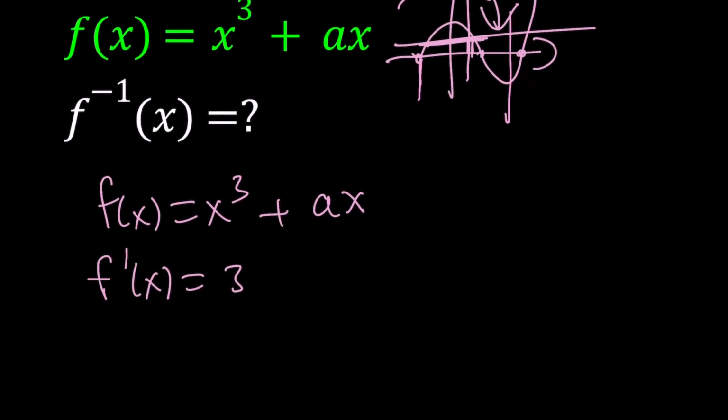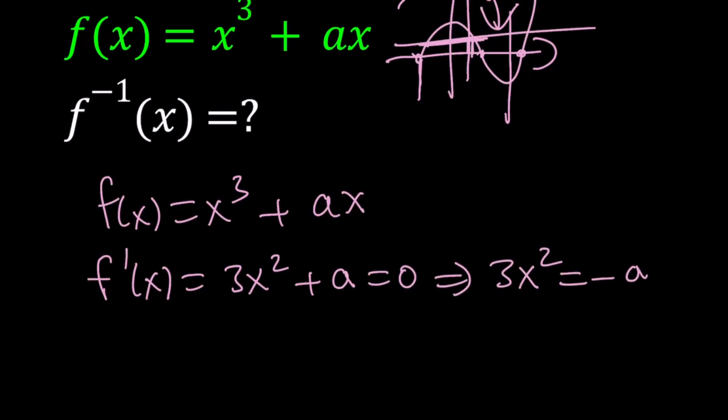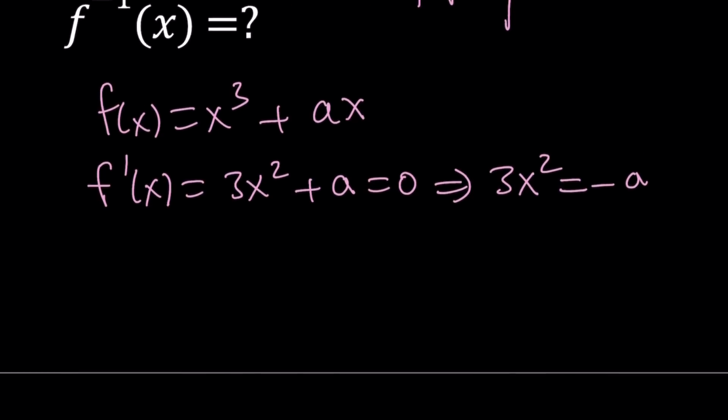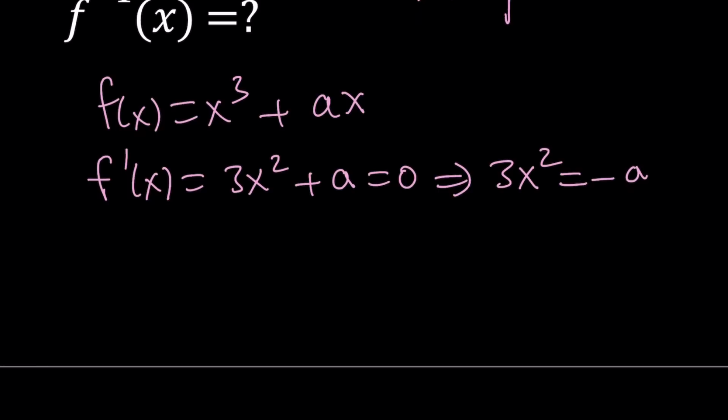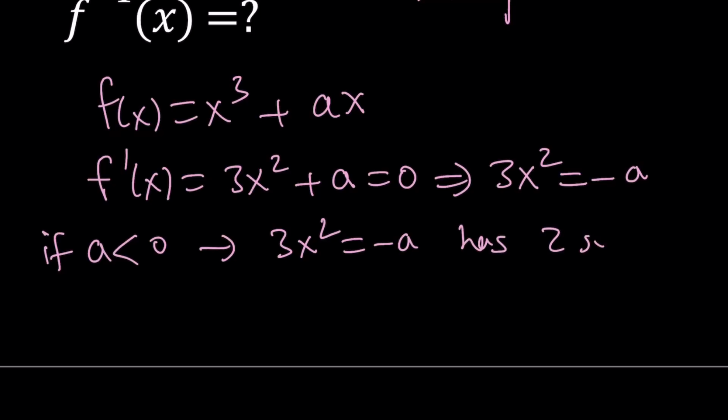We're going to differentiate this function, and when we do, we get 3x squared plus a, and I'm going to set it equal to 0 and try to solve for x. Now notice that if a is positive, this equation has no real solutions, which is something good for our purposes. But if a is negative, then 3x squared equals negative a has two different solutions.